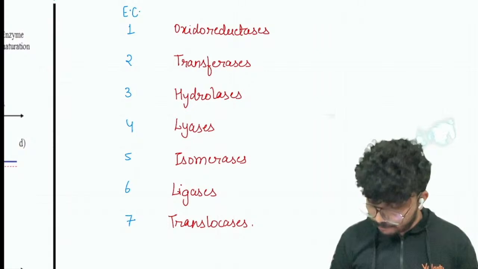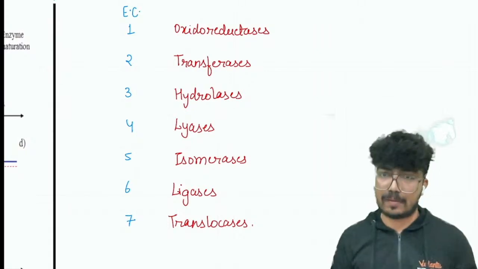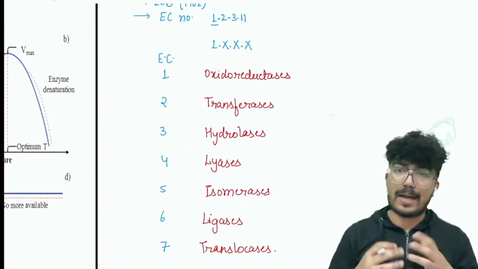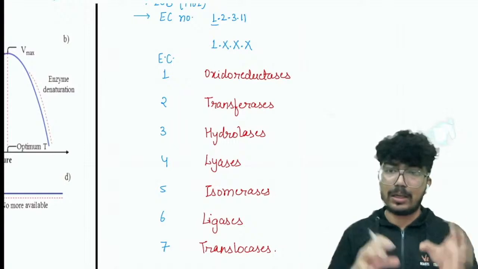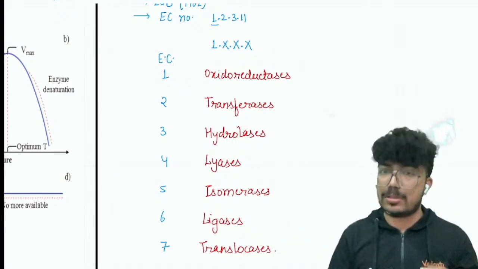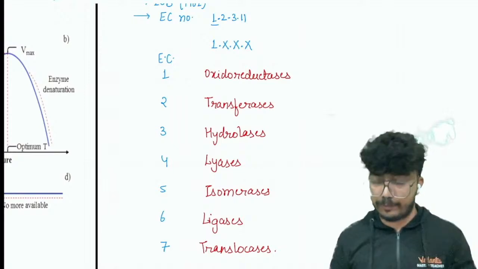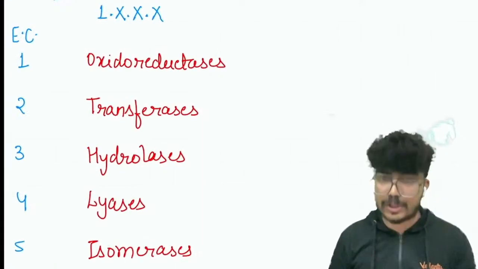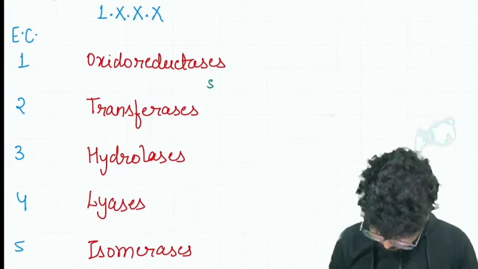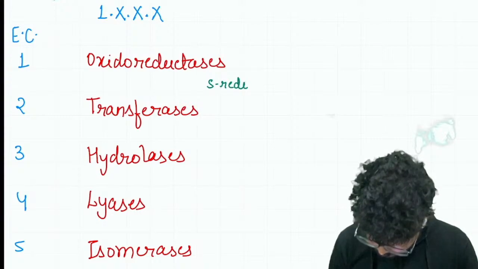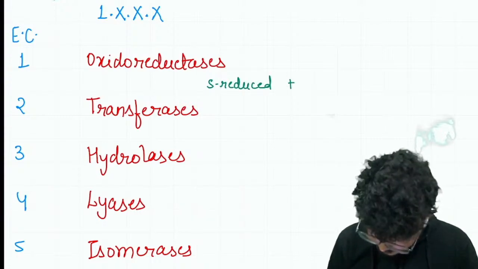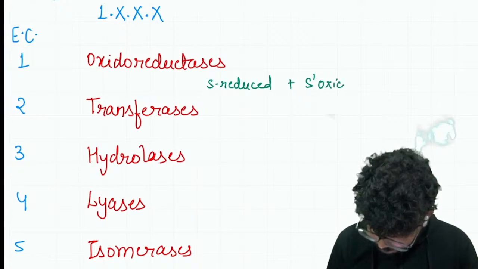So let's move on to the first one, that is the oxidoreductases. What are oxidoreductases? They are the enzymes involved in reduction-oxidation reactions. If I have to put a general formula for it, let's say I have a substrate S in the reduced form, and another reactant S dash in the oxidized form.